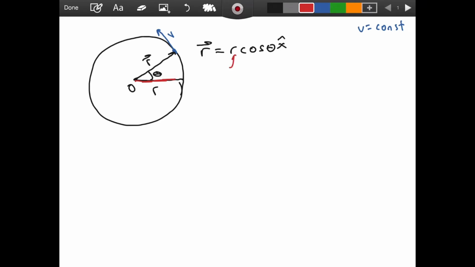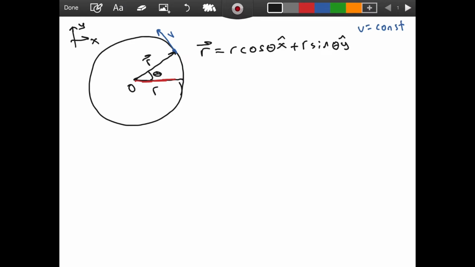That's why I wrote r here. r times cosine of theta x hat plus r times sine of theta y hat. Of course, our coordinate system is like this, x and y, the most generic coordinate system that you can find. But it does the job for us, so we will be using it.